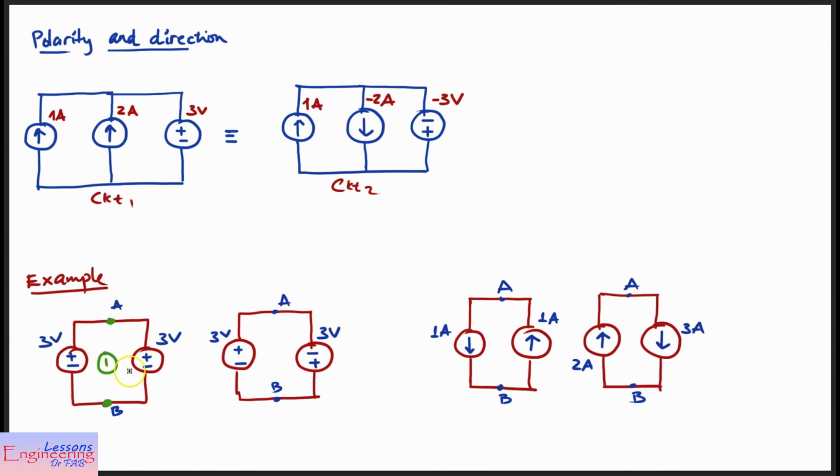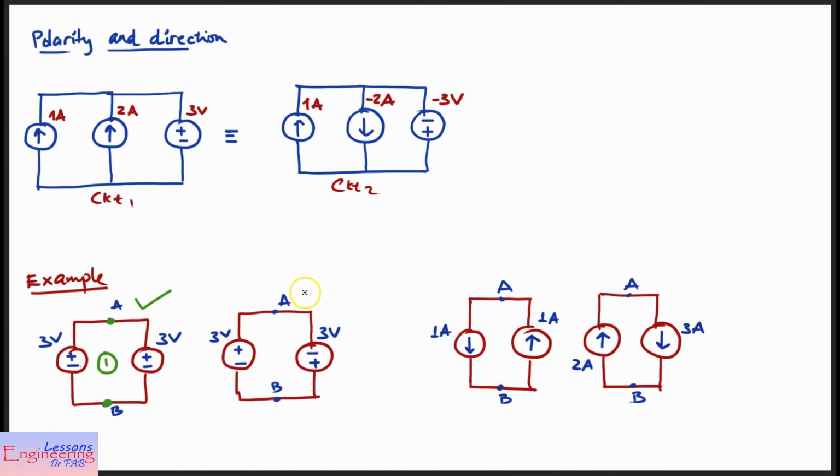The second one is also telling you it's 3 volts. They're both taking B as a reference. Their negative terminals are downwards and positive terminals are upwards. The voltage across these terminals is 3 volts, and this is also telling you the voltage across these two terminals is 3 volts. So this is a valid connection.